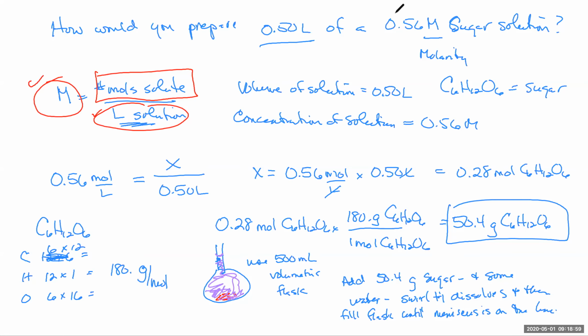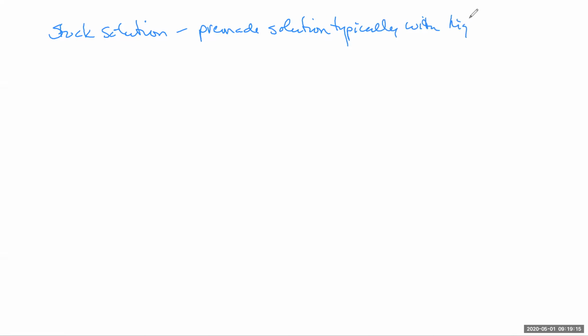Lots of times in the lab, you start with what's called a stock solution. A stock solution is a pre-made solution, typically with a high concentration. And you use that higher concentration solution to make lower concentration solutions.